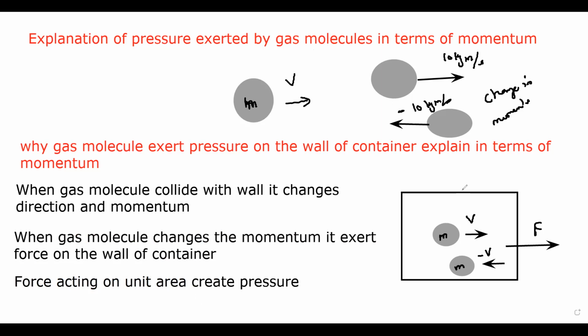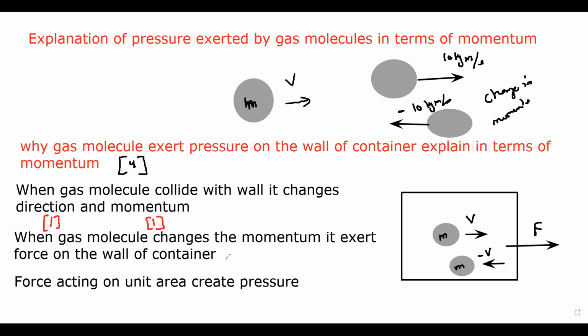You will find in the exam it's a 4-mark question. So how will you get all these 4 marks? Number one, you mention that when gas molecules collide with a wall, they change direction. When you mention the change of direction, you get 1 mark. And it changes the momentum, you get the second mark.